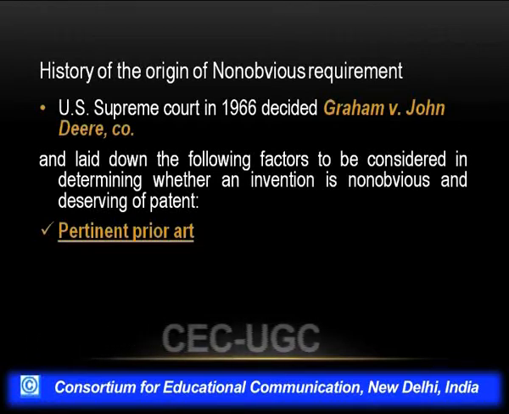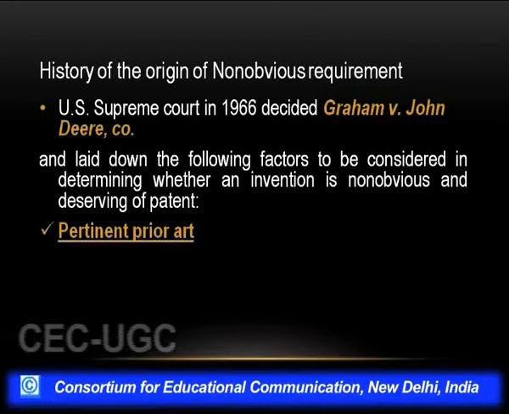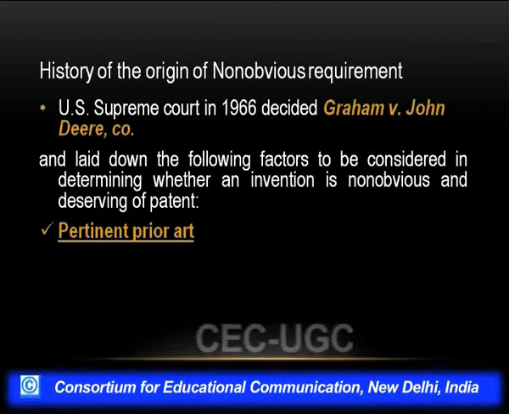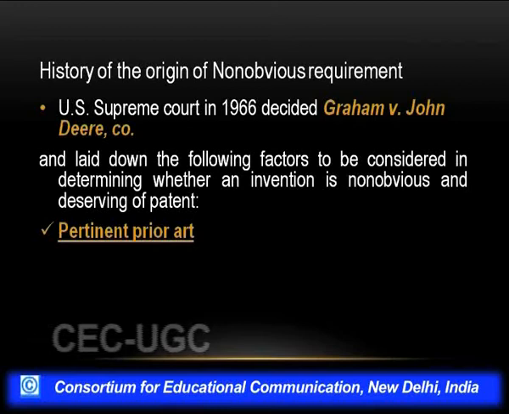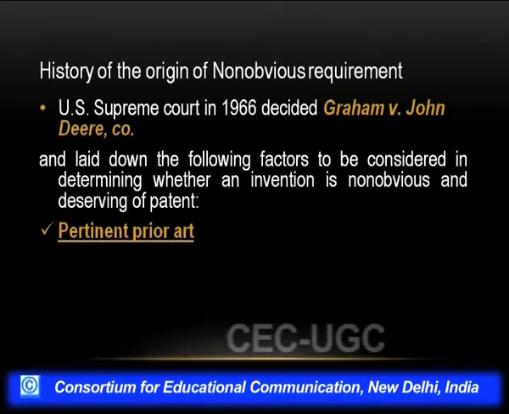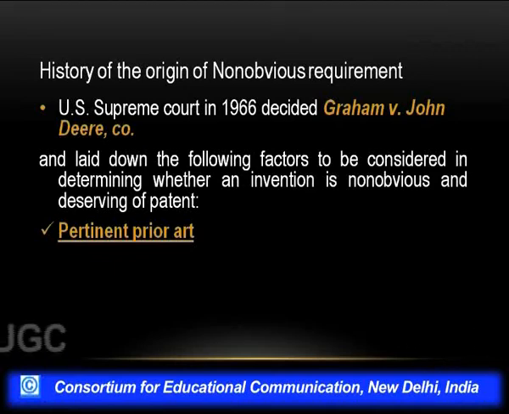So, pertinent prior arts are to be referred to for determining whether the person's invention is non-obvious. Those pertinent prior arts are to be taken together at one point of time, and the attempt of the controller of the patent while examining this factor would be to gather as many prior arts as possible pertaining to that invention, and analyze them.